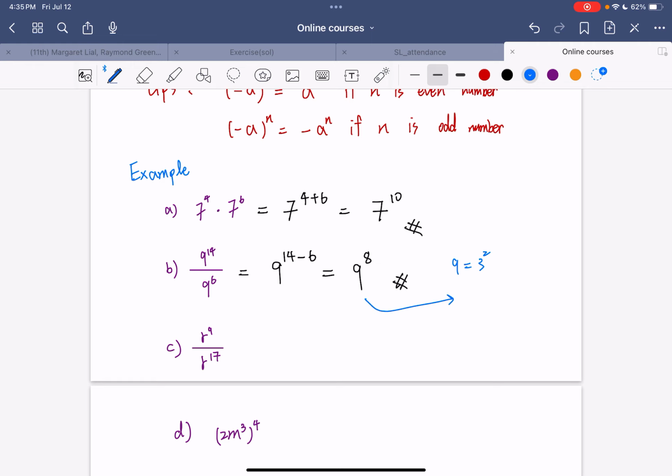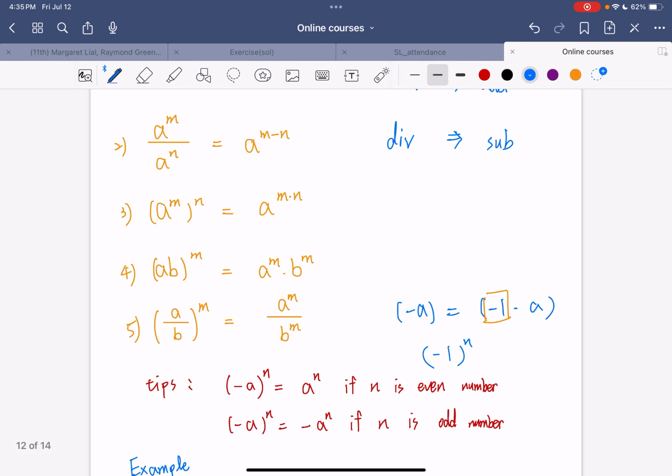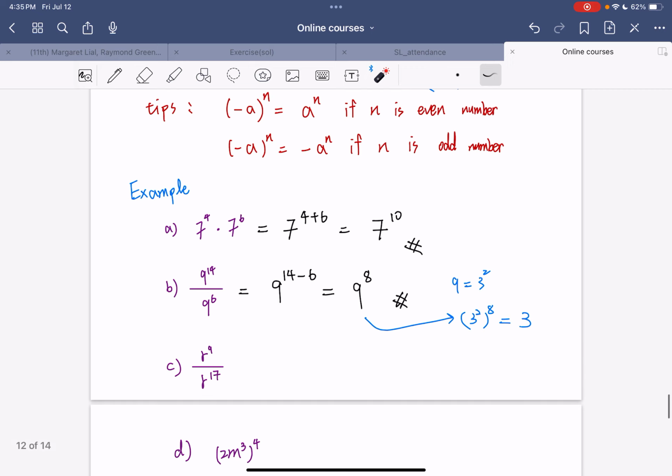From here, 3 squared with power of 8, that will become 3 to the power of 16, and remember that this is property 3 here: one exponent with a bracket and another exponent, that will become 16, because it's 2 times 8.